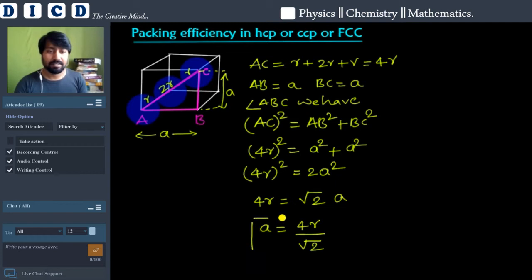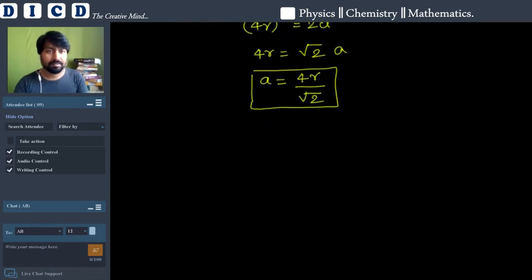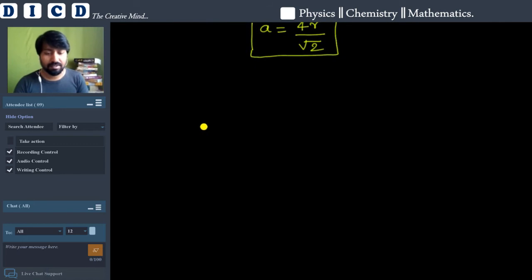This is the first part we had to do, calculating the edge length in terms of the radius of the sphere or the particle. In the next part, we have the volume of the unit cell, which is given by a cube.